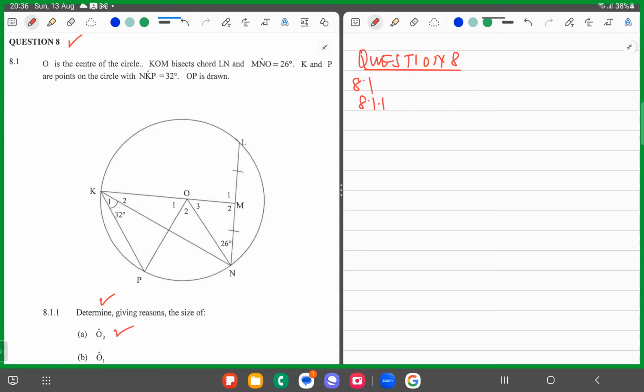Right, there's a theorem we need to use: angle at center is twice angle at circumference. There's a center that is involved, and we have something like this.